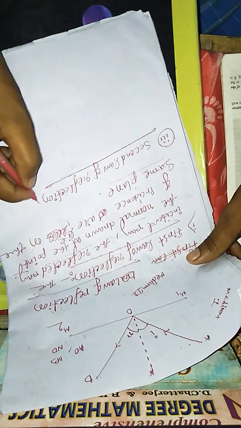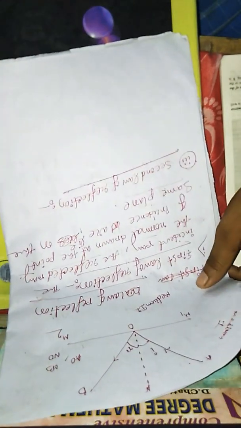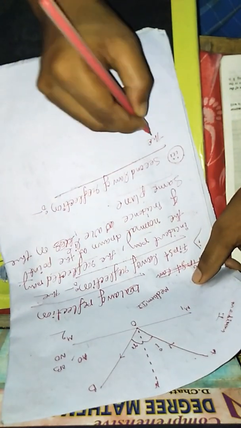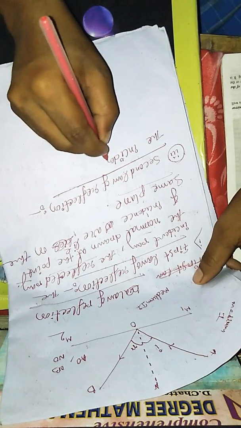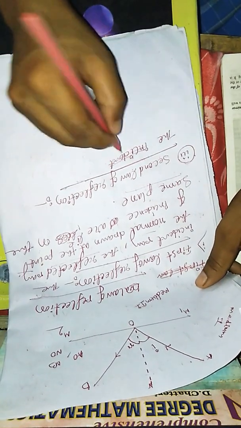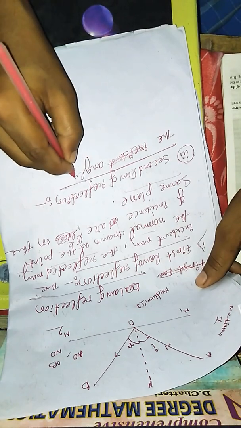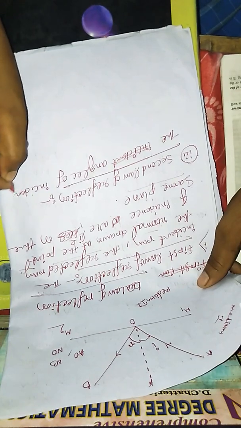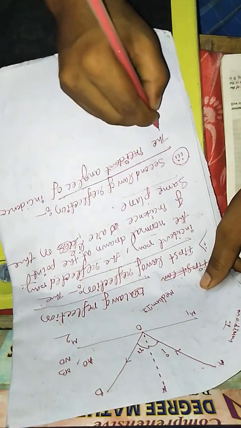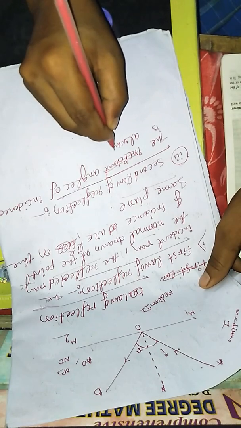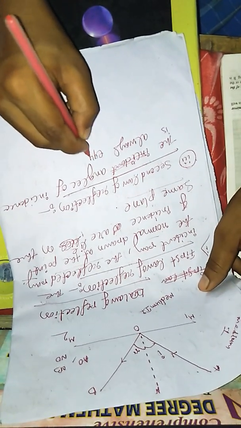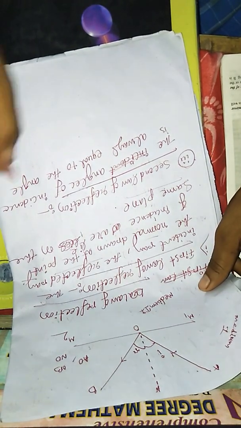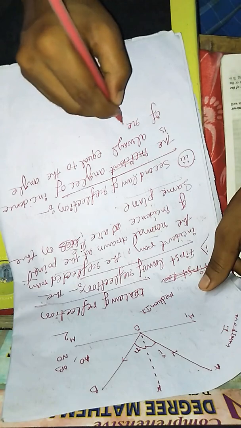So what is the second law of reflection? The second law of reflection says that the angle of incidence is always equal to the angle of reflection.